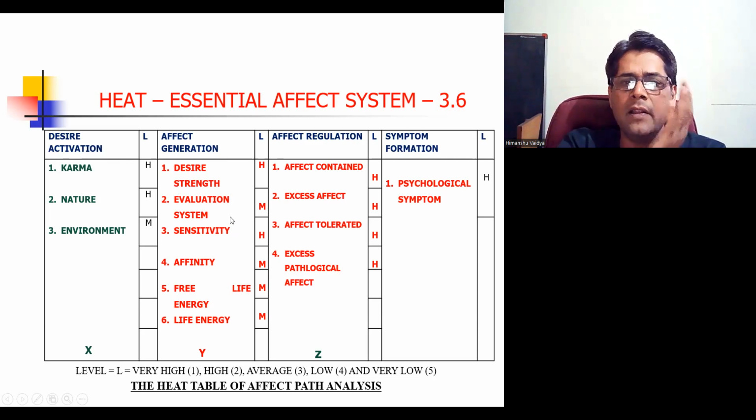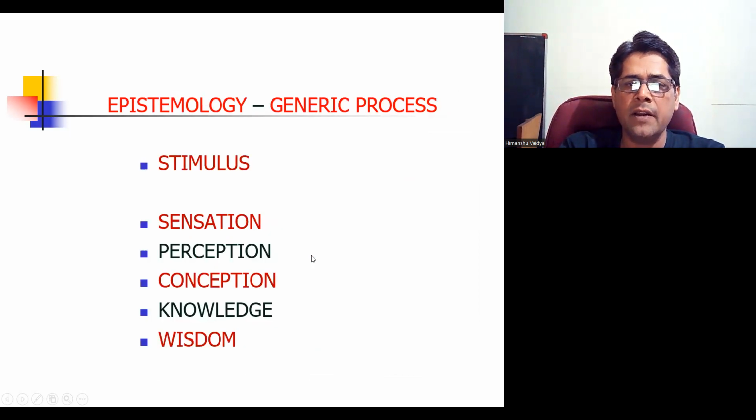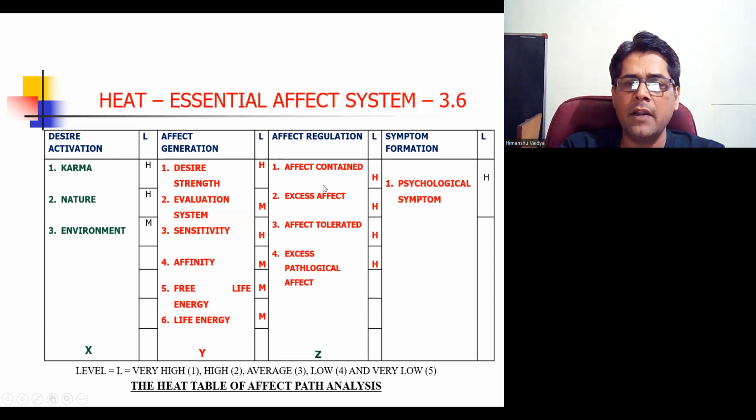Once you lay that out elaborately, then we come to the sensitivity. After the evaluation system evaluates something as sinful, for a unit element of sinfulness, how much guilt and how much rage is created because of the sensitivity, and how much affinity is loaded onto the elemental, onto the process, to get free life energy. And then when the affect is generated, how much of it can be contained, how much can be tolerated, how much can be regulated, and so on.